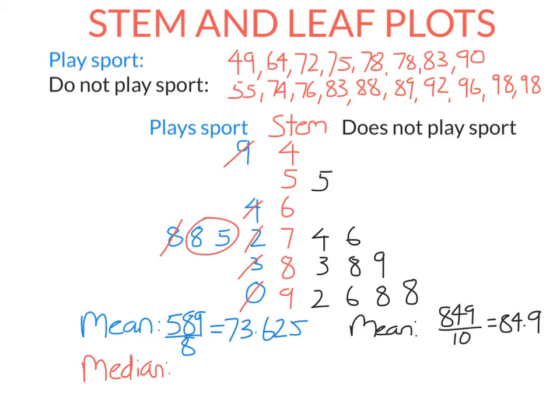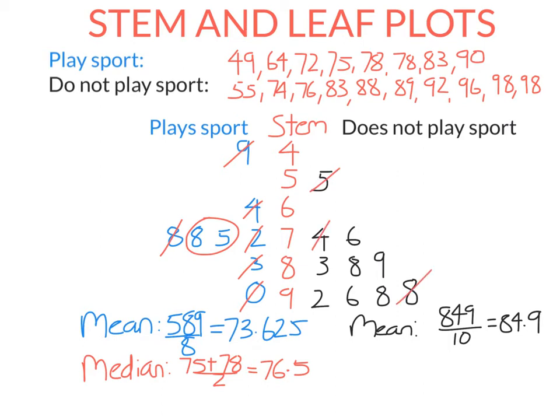The median isn't 8 plus 5 over 2. We add up the two middle scores, 78 and 75, divide by 2, and you get 76.5.